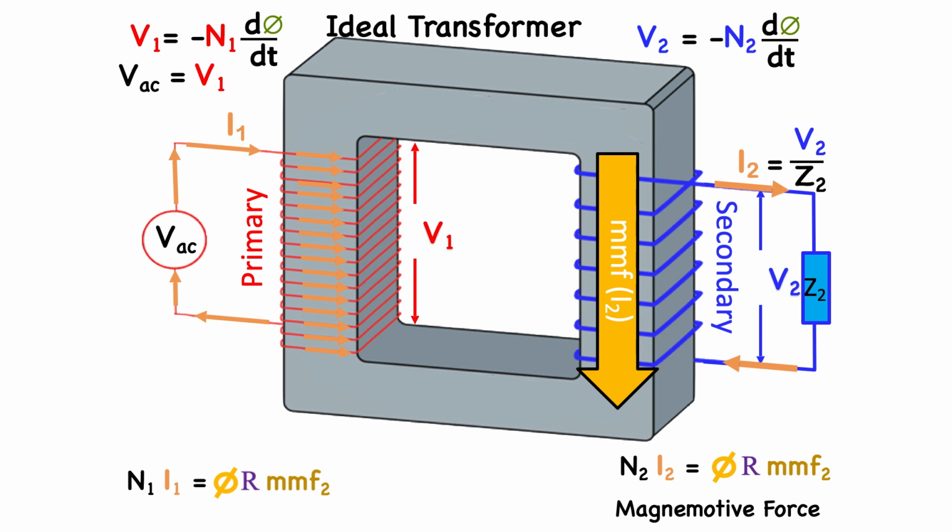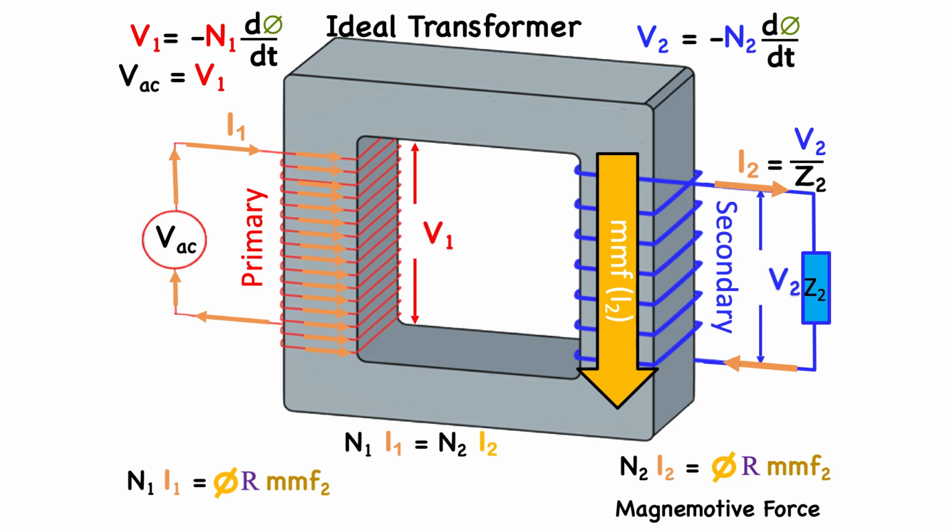But because there are N1 turns in the primary coil, MMF2 must equal N1 times I1. Since the magnetomotive force is the same in both coils, then N1 times I1 must equal N2 times I2.